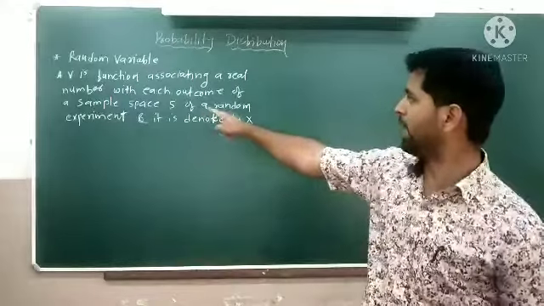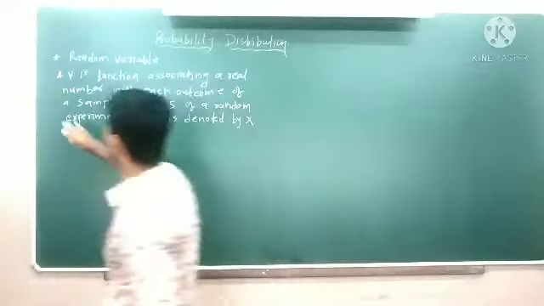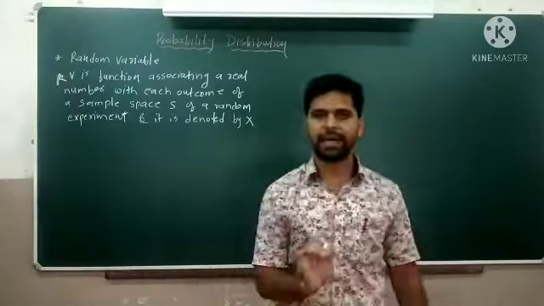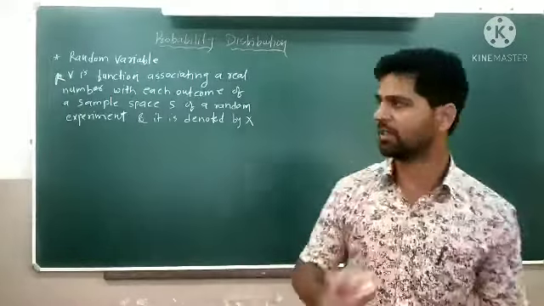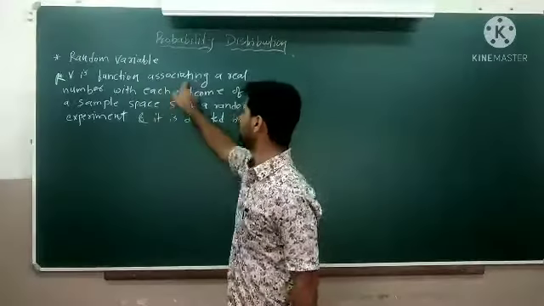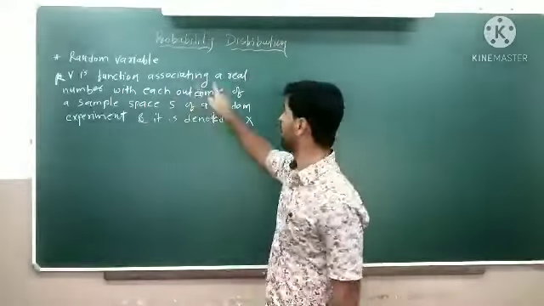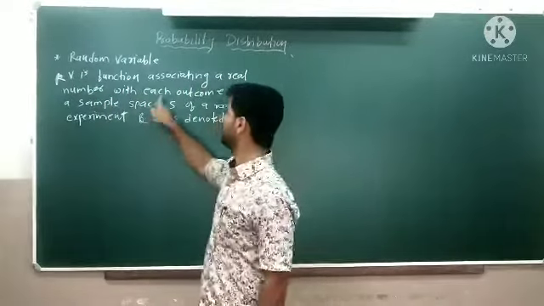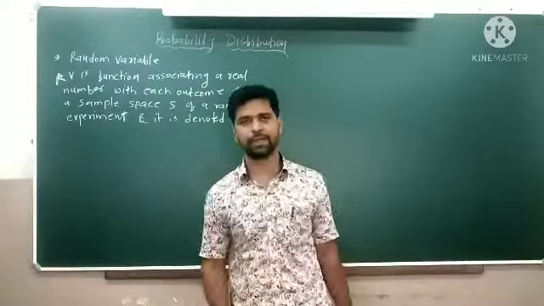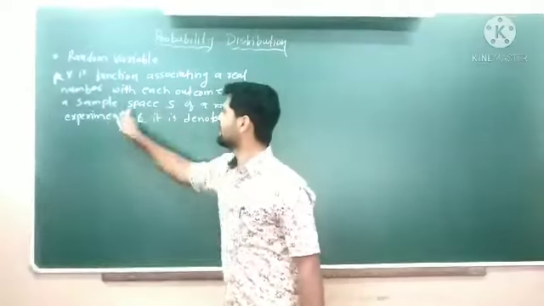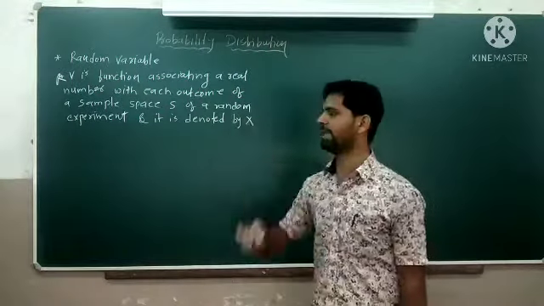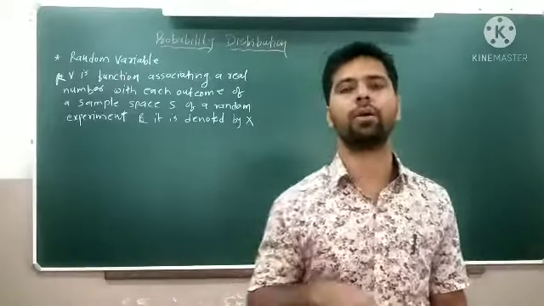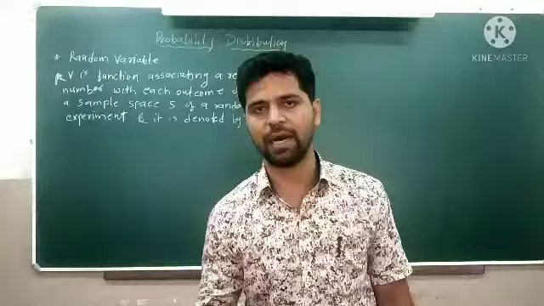A random variable is a function. It is associated with a real number with each outcome of a sample space S of a random experiment, like tossing a coin, rolling a dice, playing cards or shuffling the cards.